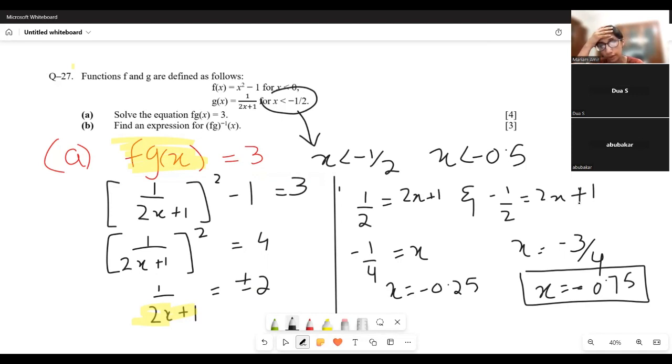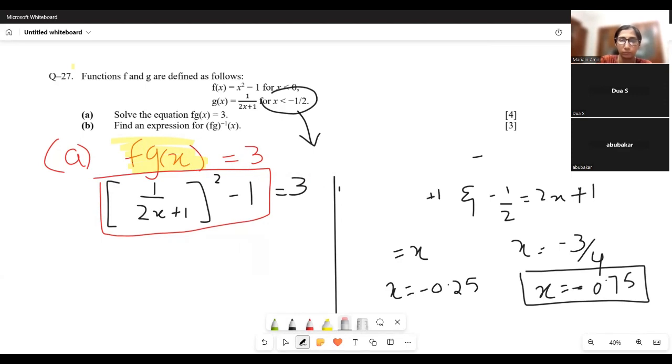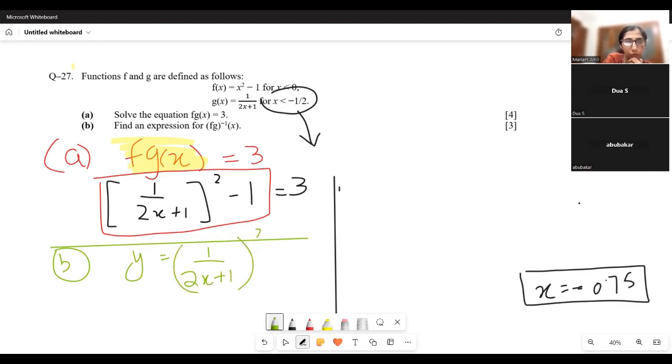Find an expression for (fg) inverse. So this was fg. You already know that this much here is fg. Part B. So y equals (1 over 2x plus 1) whole squared minus 1.